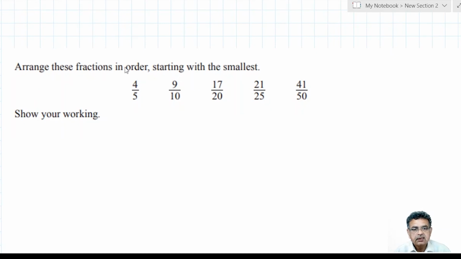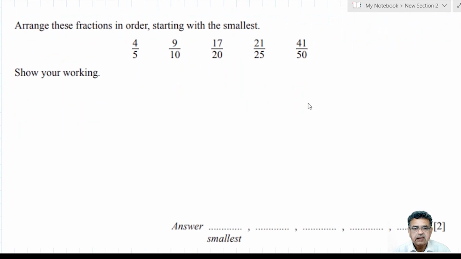Okay, arrange these fractions in order starting from the smallest. Once again, we have to take their LCM. So what should be the LCM of all these numbers? First of all, 5. Is any number a multiple of 5 in this list?